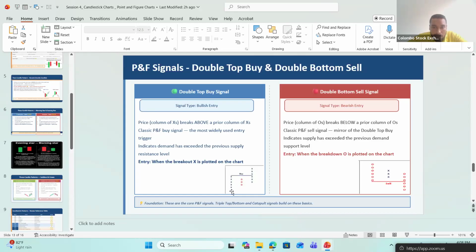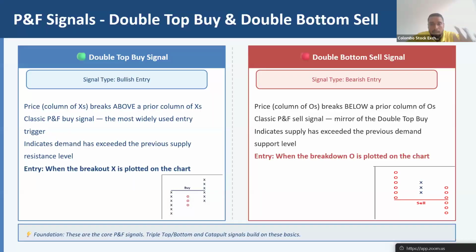Then you see a reversal by a column of O's. And the subsequent column after this reversal is another column of X's, where the top of the previous price movement is broken past by the subsequent one.